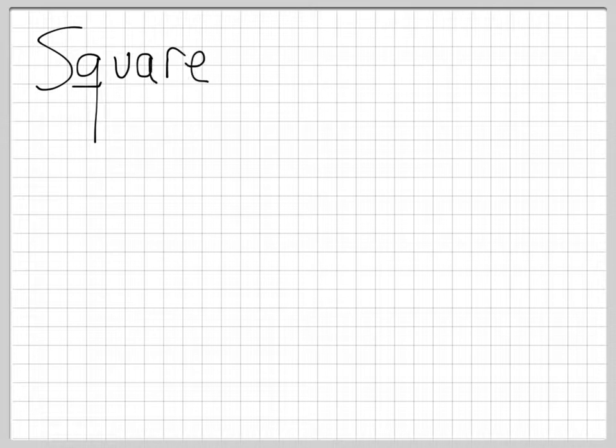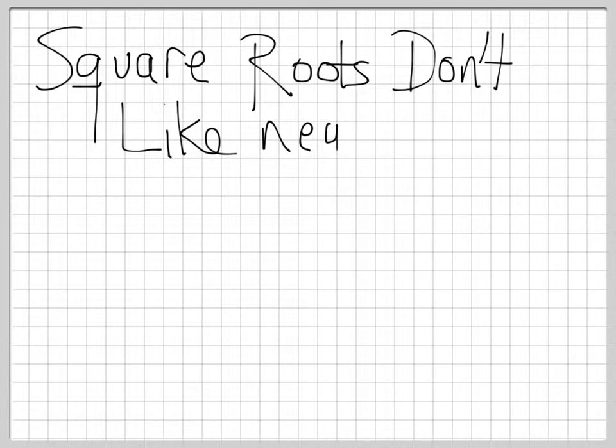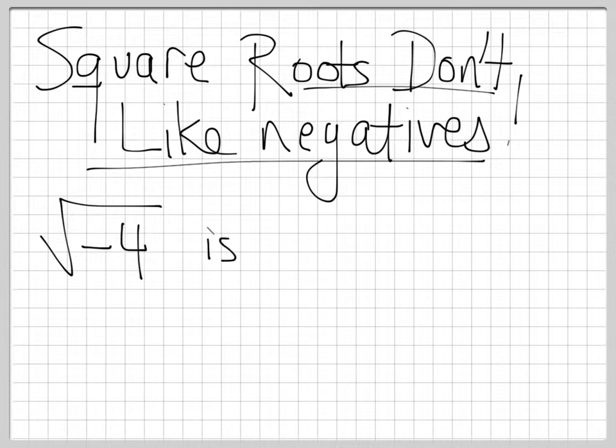So another thing that doesn't make sense, because squares are not negative, is that square roots don't like negatives. So the square root of negative 4 is, I guess, terrible.